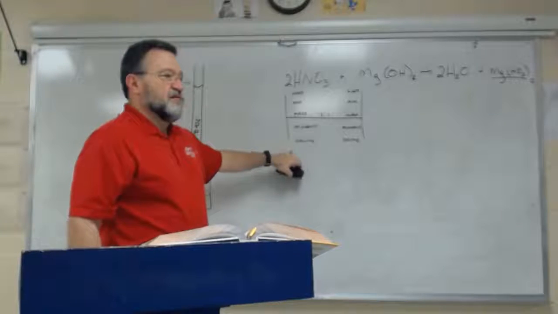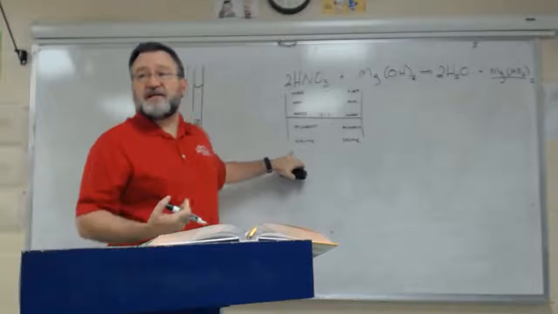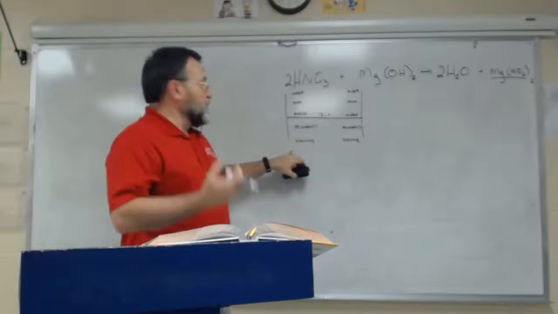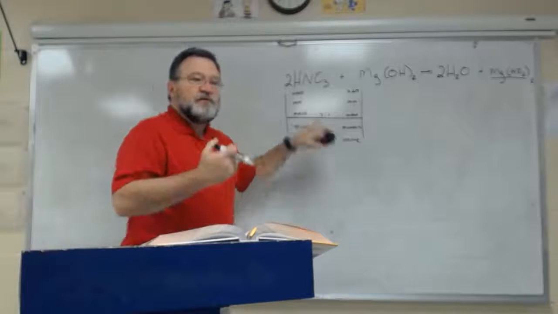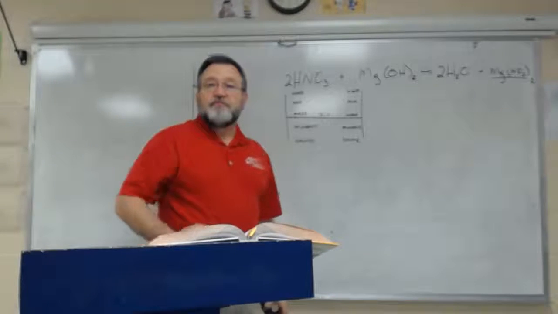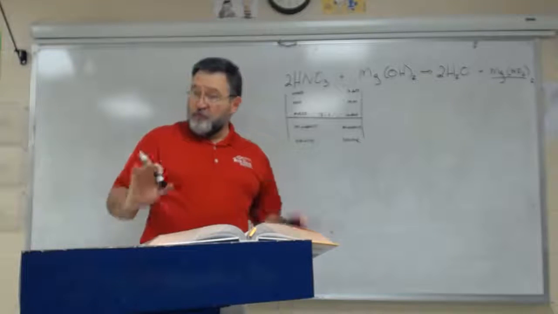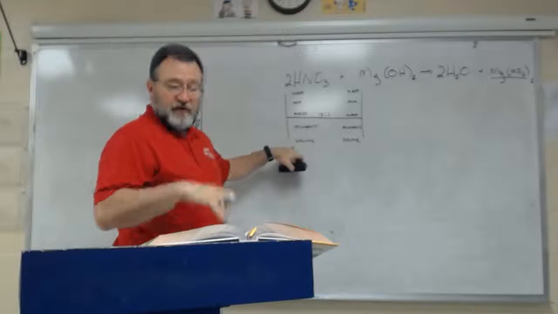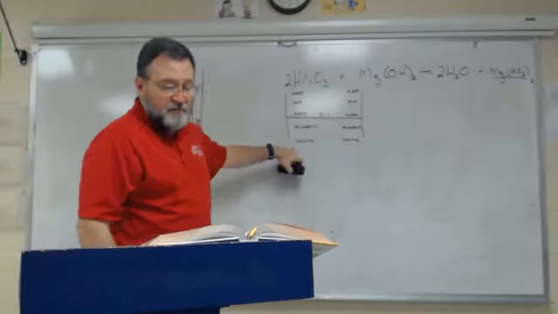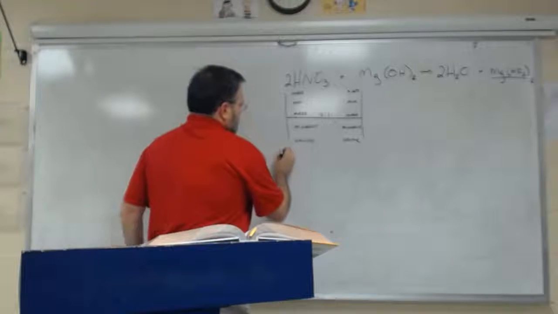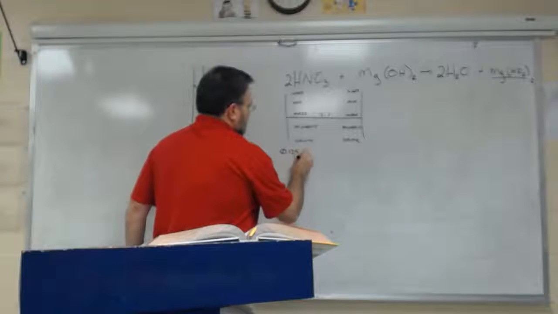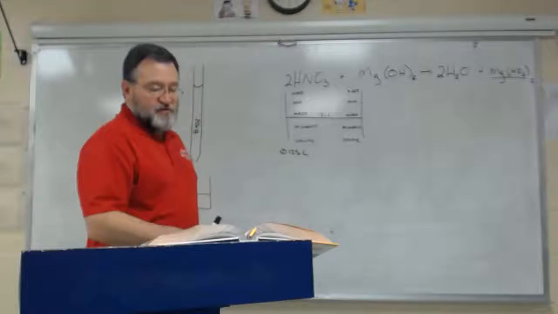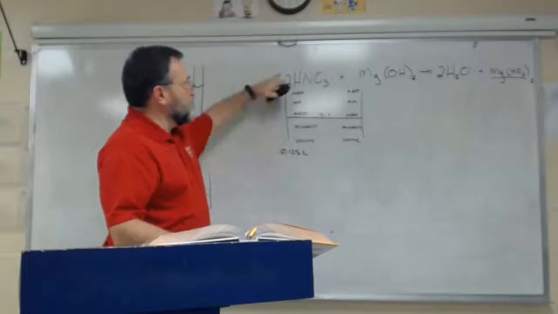Now again, I want to encourage you to convert that automatically into liters, because when we work with molarity, molarity is going to be given in moles per liter. So to make sure you're working with the right volumes, convert the volumes that you're given to liters. 125 milliliters is 0.125 liters. It says we have 0.125 liters of nitric acid.